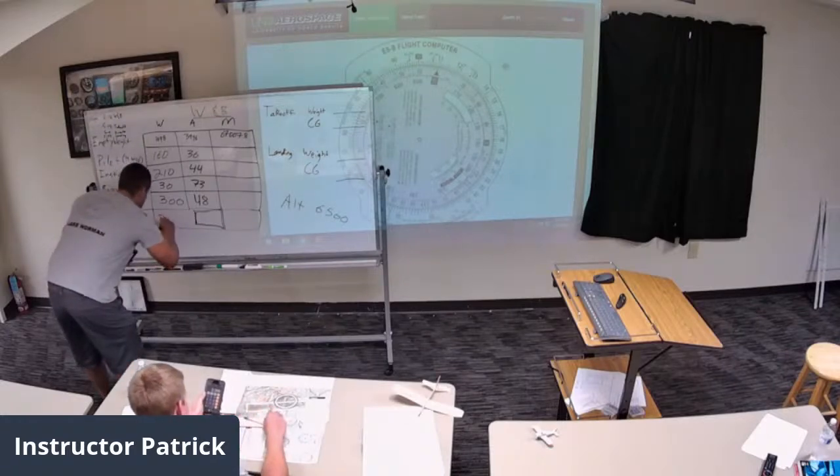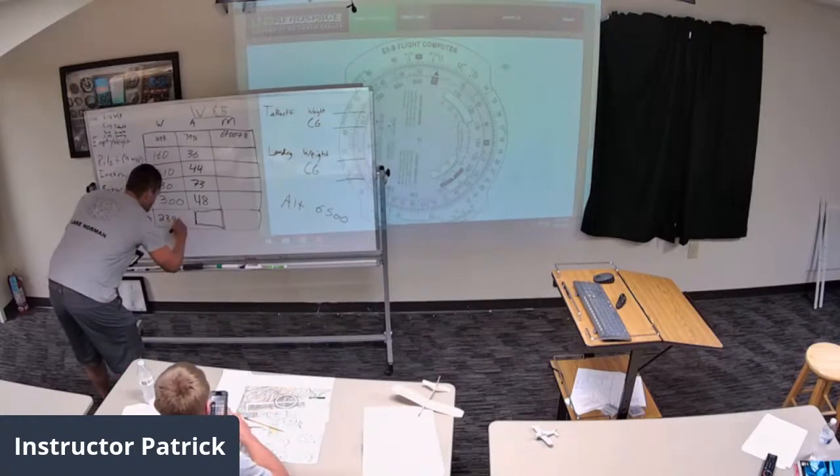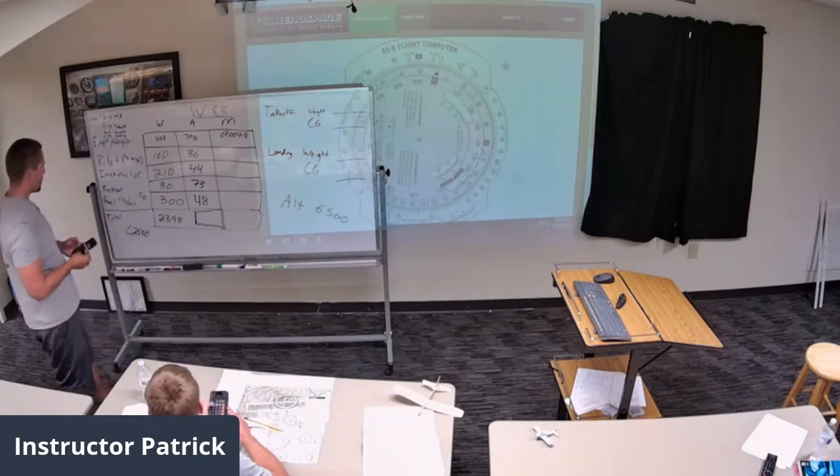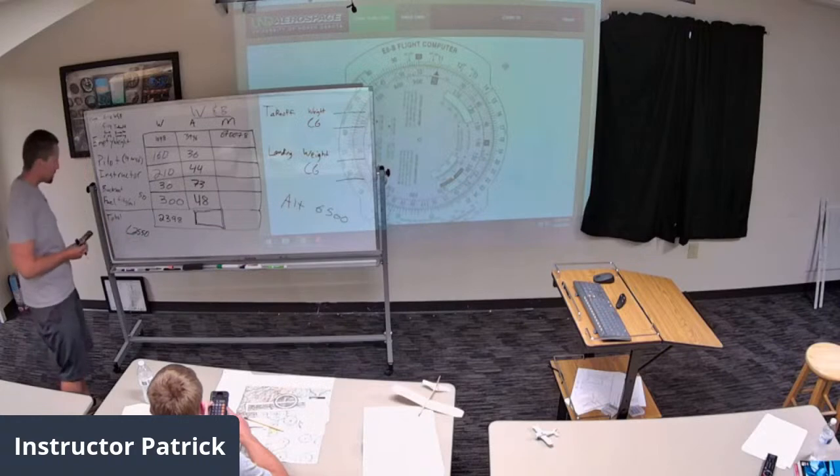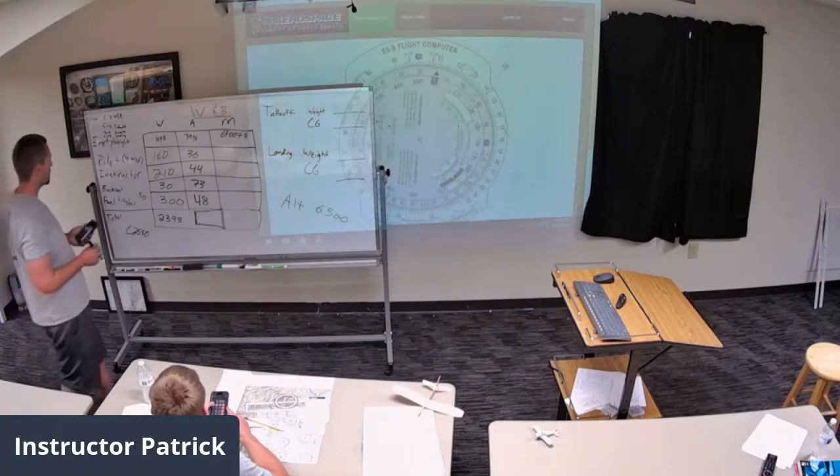So our total weight is 2398, right? That's good because that's under our gross weight of 2550. You have to stay under that number there, right?